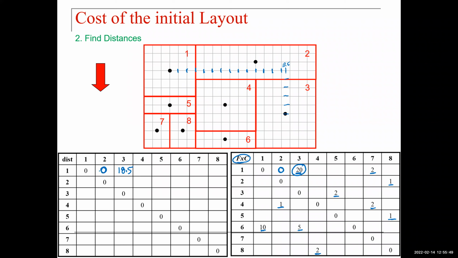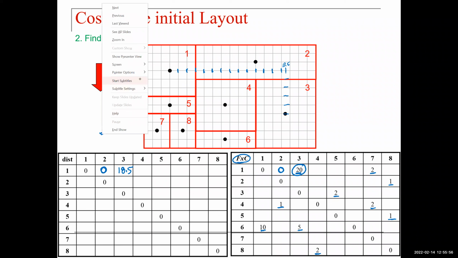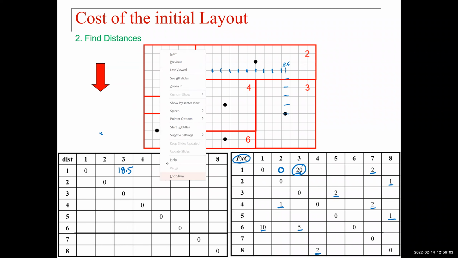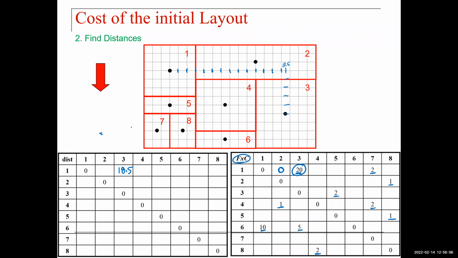Let's not make it 0, I don't want you to get confused. An empty space in my from-to chart basically represents 0 flow, right? So I'm going to be focusing on the ones that have a value. And you see, even though from 2 to 4 there's no flow, this is 0. But from 4 to 2, there's a flow. So going in one direction, there's no flow, but going in the opposite direction, there's flow.